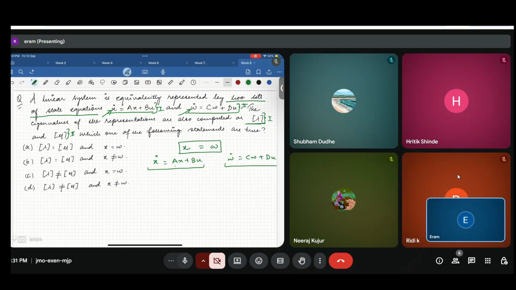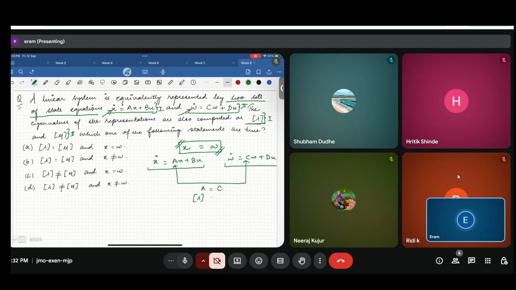Yes, A will always be equal to C, because the moment we fix the state variables, the relation between the state variables is not going to change. And which matrix tells you the relation between the state variables? It is the state matrix, and the state matrix is A in this case and C in this case. So that means A is equal to C. And the moment these matrices are equal, their eigenvalues will also be equal.